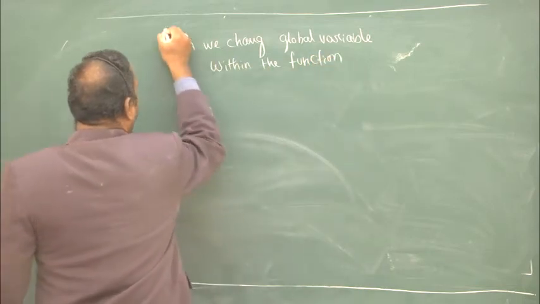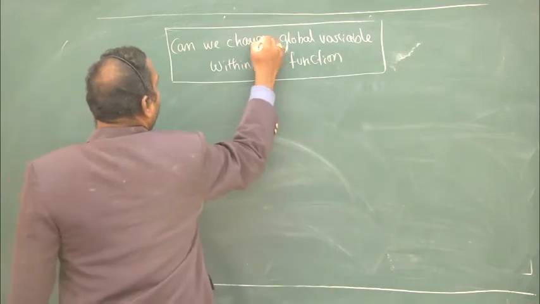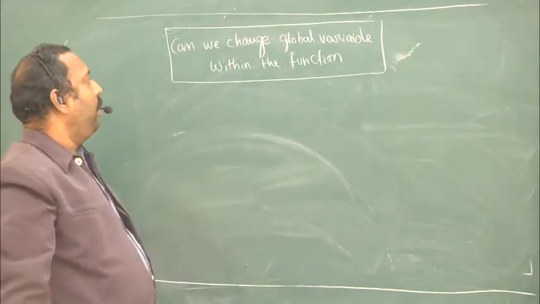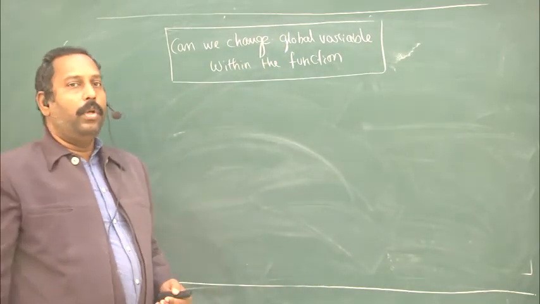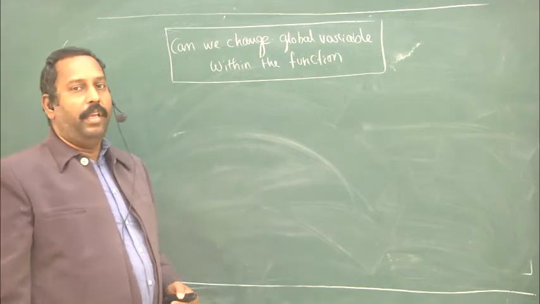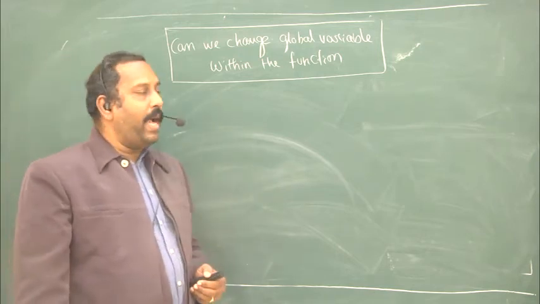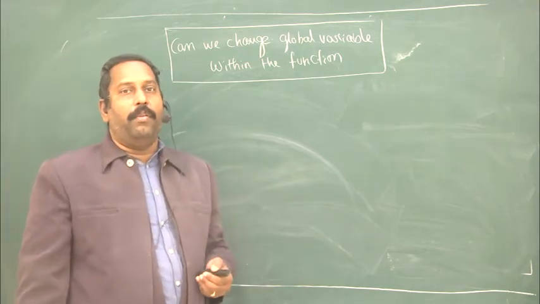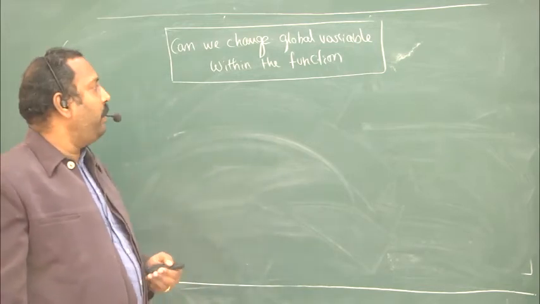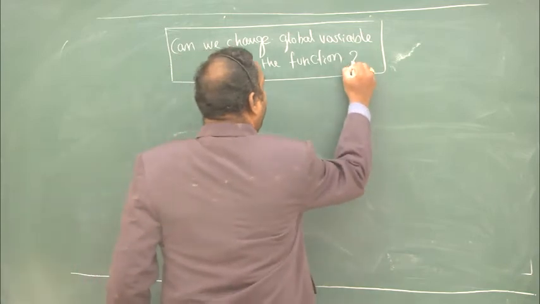What is the question here? We already know a global variable can be accessed in any of the functions, but I don't want to access it. I want to modify the global variable value. Is it possible or not?